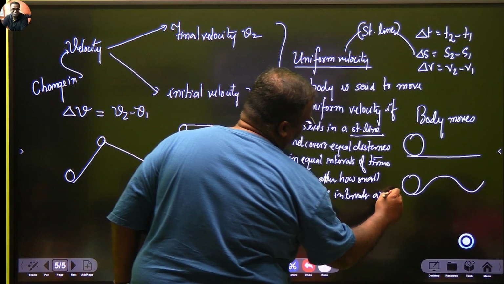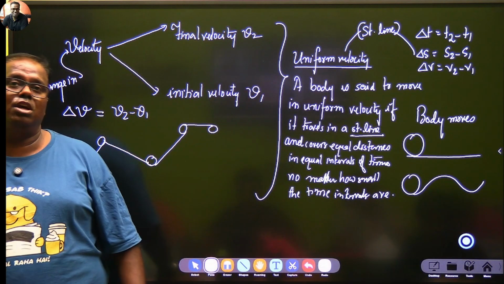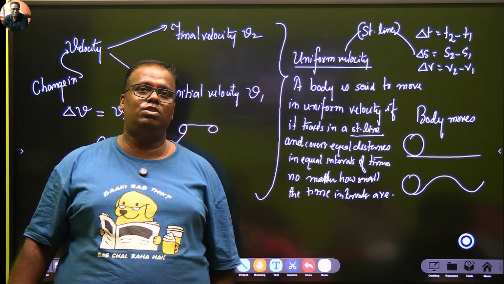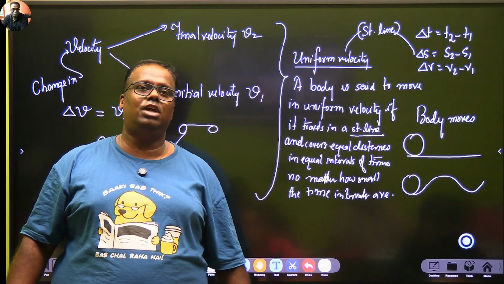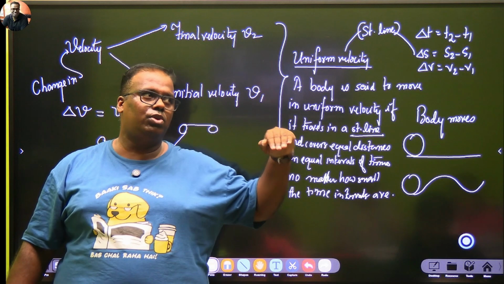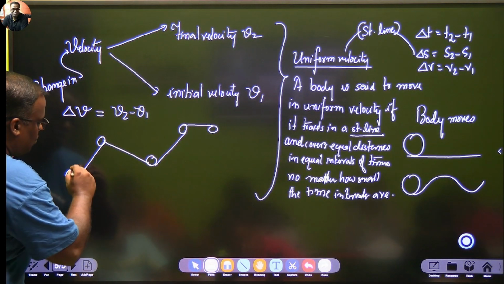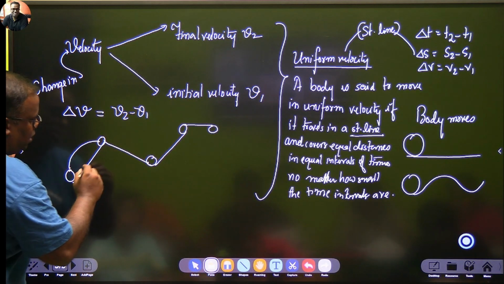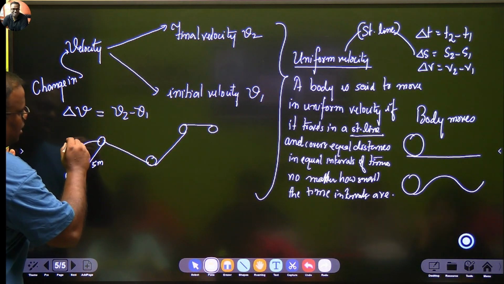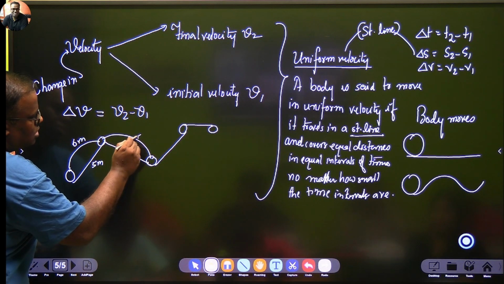Vakul, in uniform motion, you just need to ensure that the body is covering equal distances in equal intervals of time, no matter how small the time intervals are. Are you getting it? The body can move curve, curve, curve. Uniform motion means my body could have moved like this. If this is say 5 meters and this is 6 meters, in the next instance also it should cover 6 meters only.